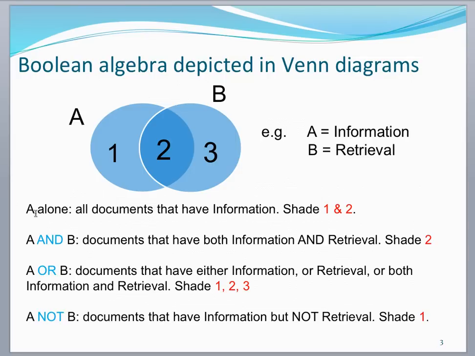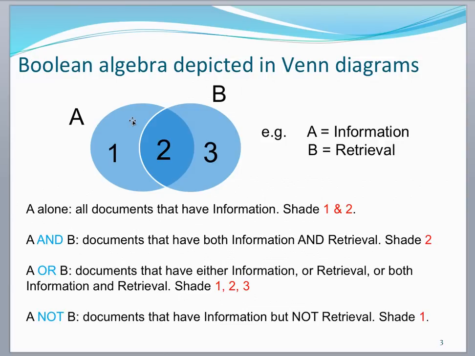As I said before, we're going to see that a little bit later when we get into one of the databases. So if we use the term information, we will be retrieving number 1 and number 2 right here, because information as a keyword in this case will be in all of those documents.